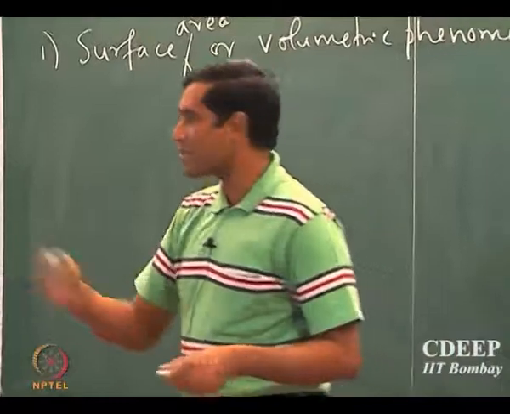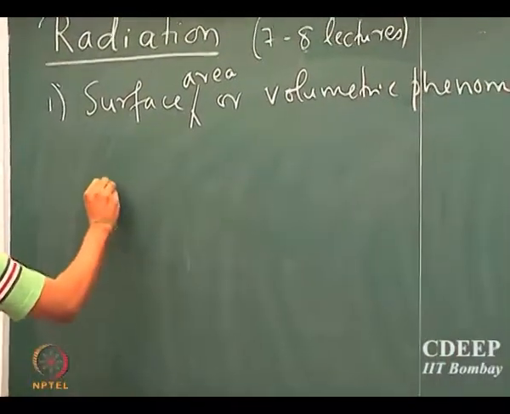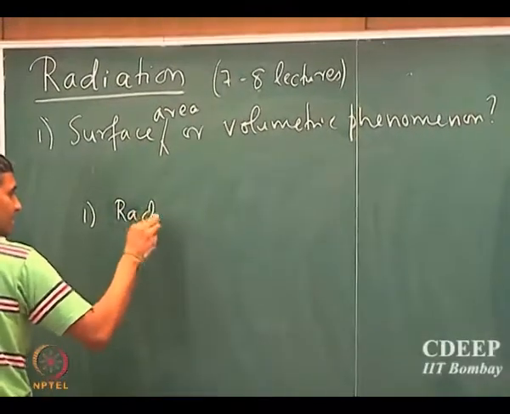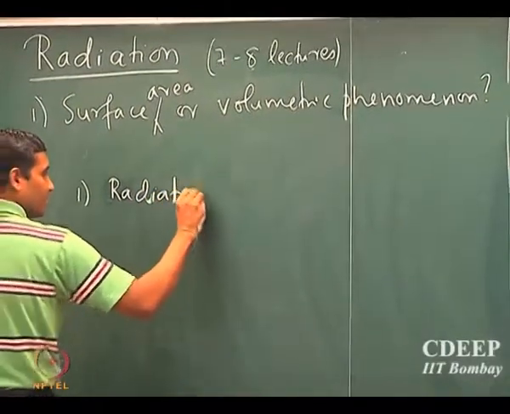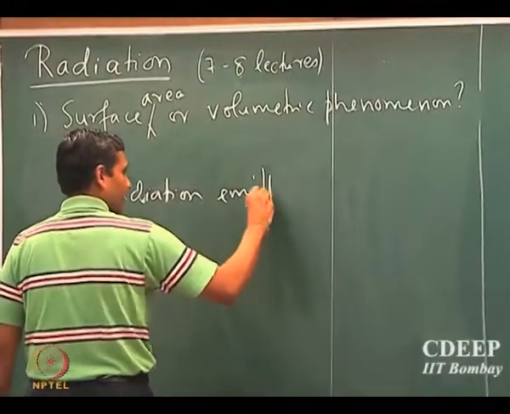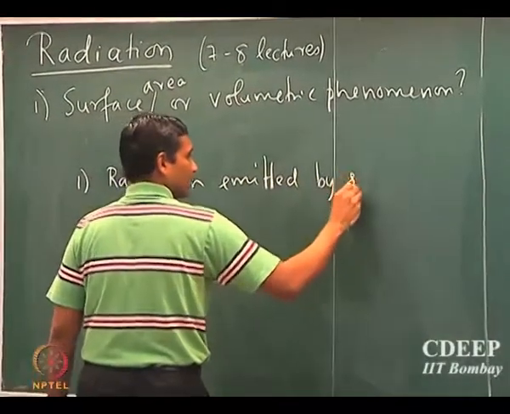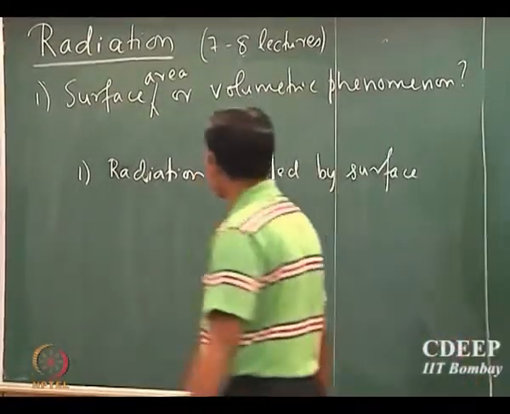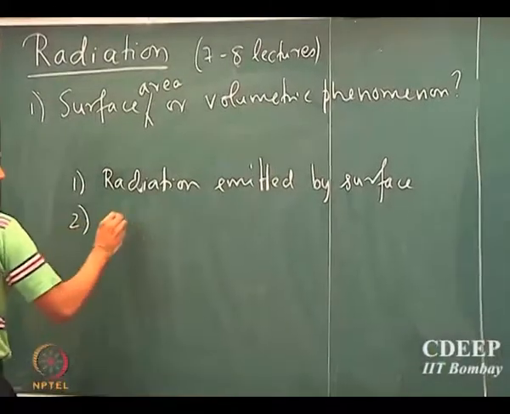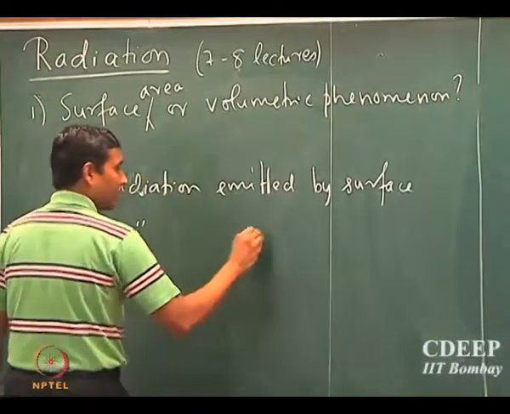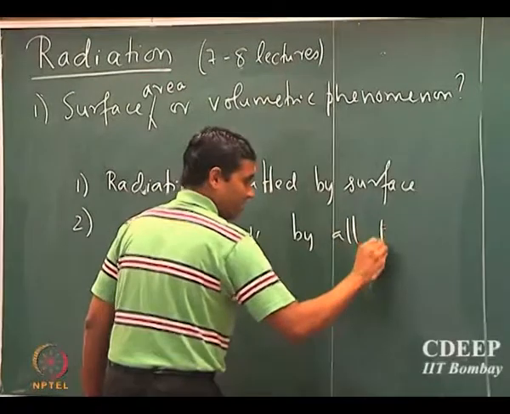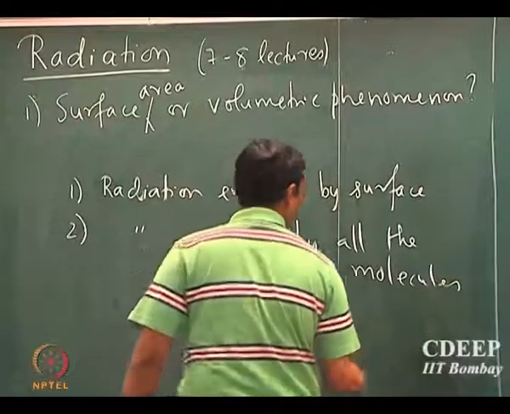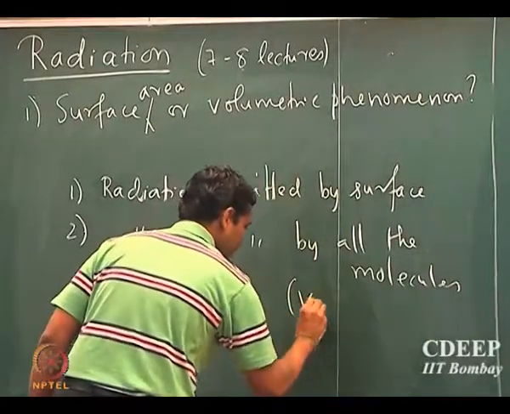Okay, so in the class we have got two thoughts. One is that radiation is emitted by the surface, so it has to be a surface area process, and the second thought is that radiation is emitted by all the molecules, so it has to be a volumetric process.